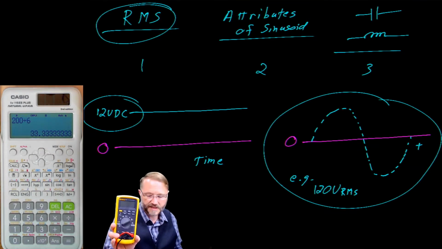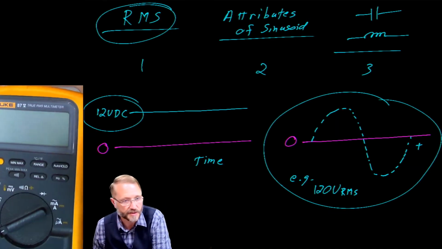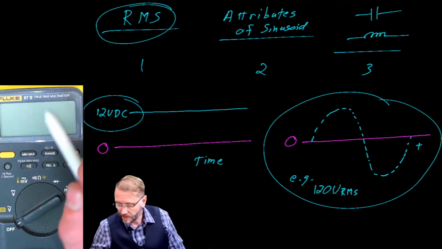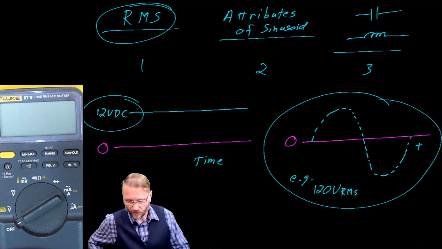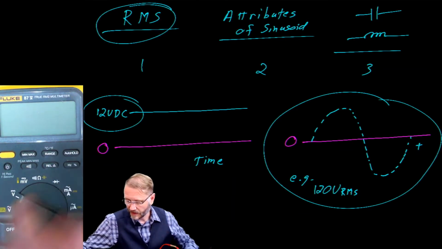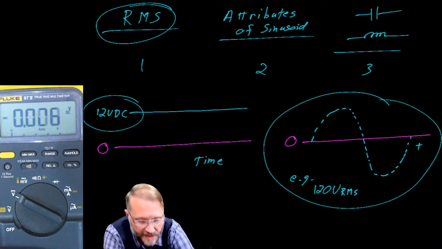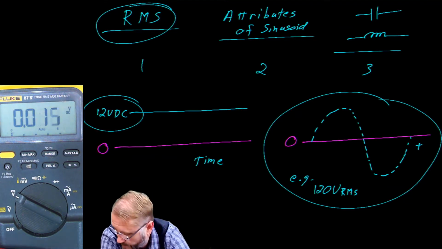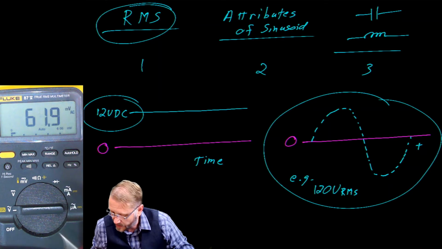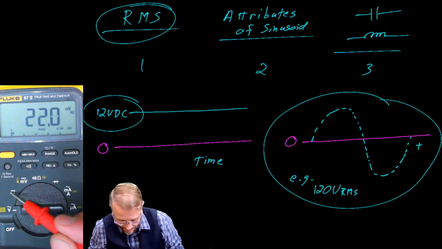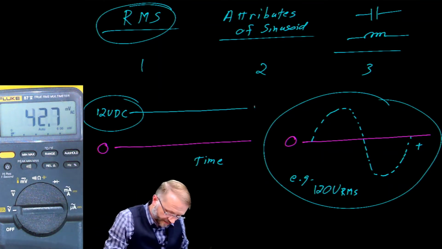If you had a meter such as this, you would see that the meter right here is a true RMS multimeter. So if we were to look at the power in your home, we would see something like this. No, we wouldn't, because we're in the wrong setting. Let's try that again. When you use your meter, you can't use the double bar, because that looks an awful lot like this, doesn't it?